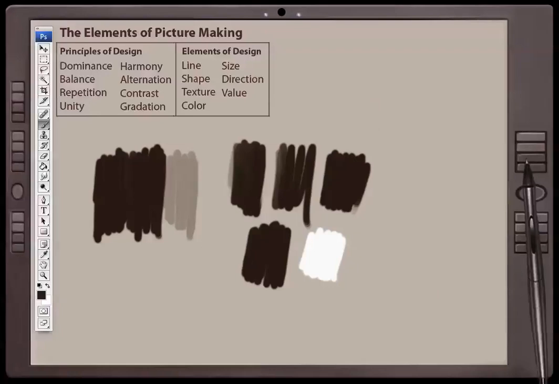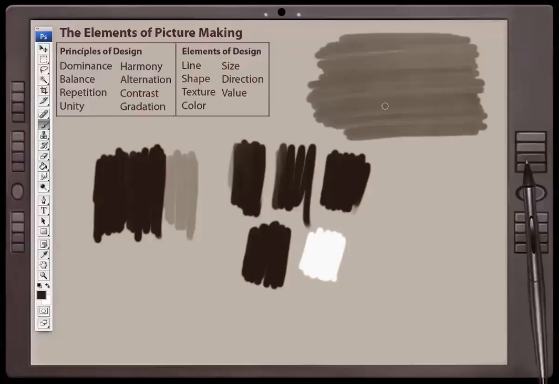The third and final way through which dominance is achieved is through strength of contrast. So let's say I have this middle value here, and then I add a darker value right there, like that. And then up here, I'll add a real dark value, and then over that dark value, I'll add this white.